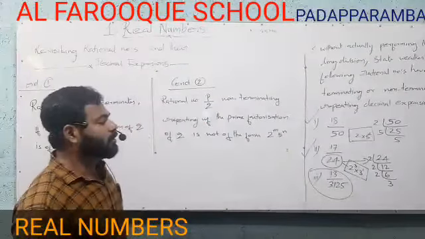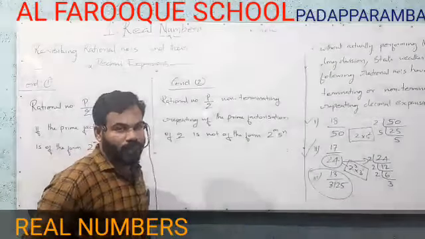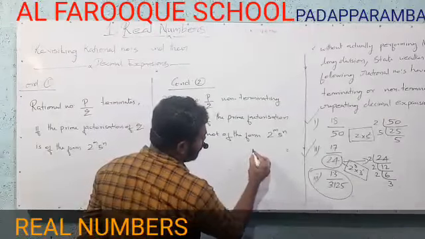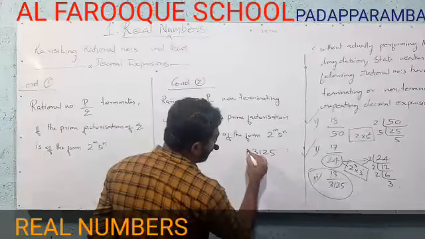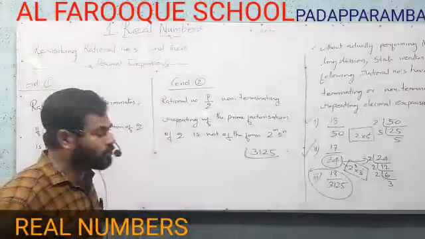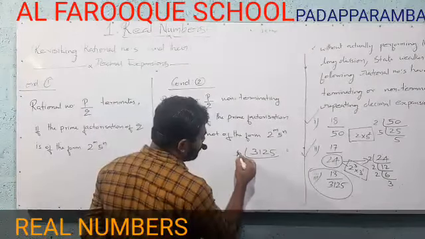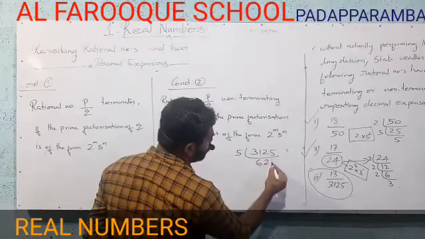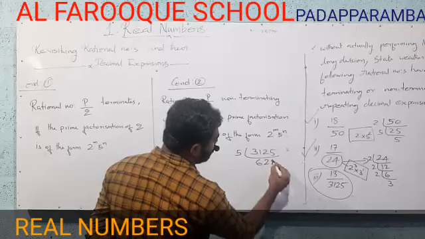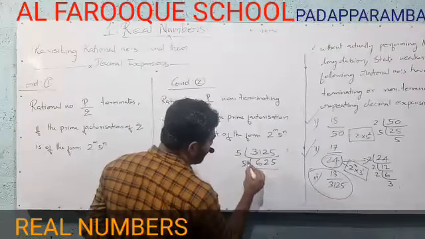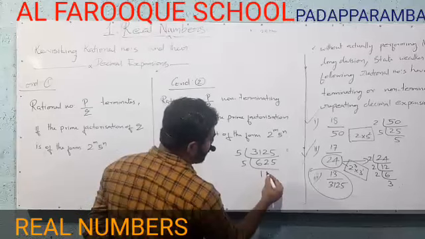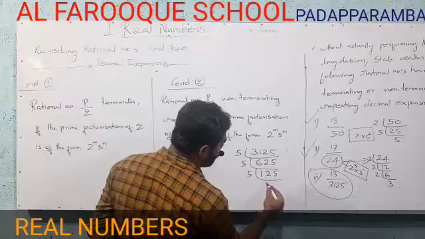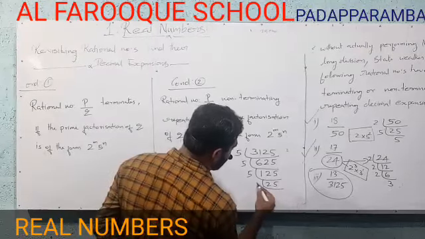Now let's find out the last one: 13 by 3125. Let's find out the prime factorization of the denominator, that is 3125. Divide by 5, 625. Again by 5, 125. Again by 5, 25. Again by 5, 5.